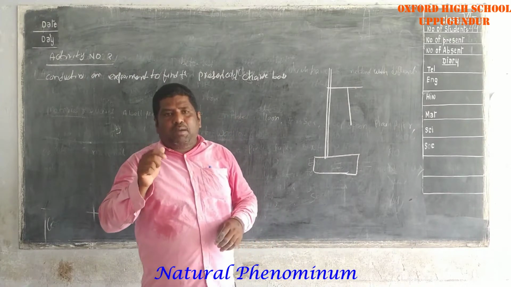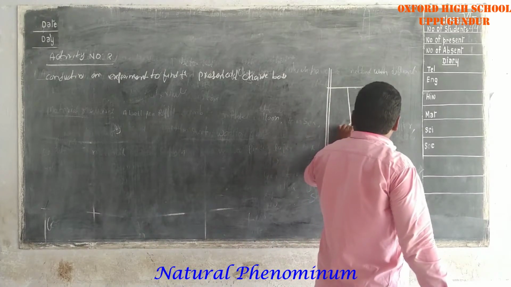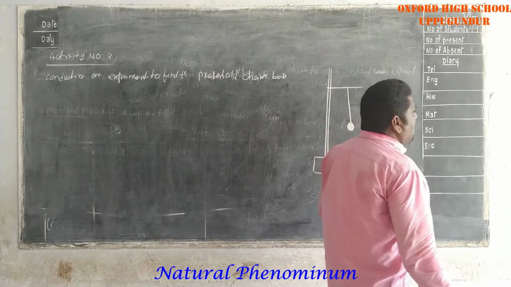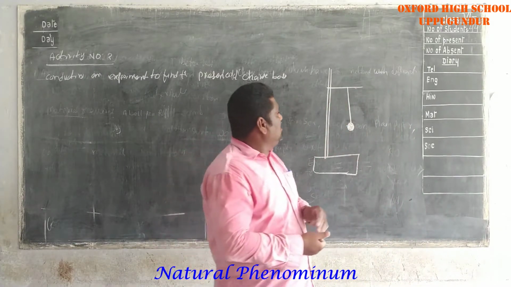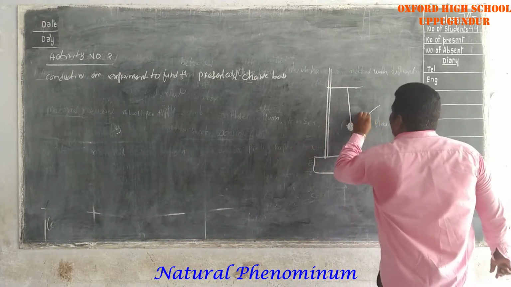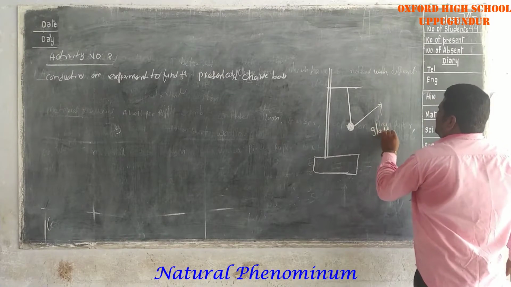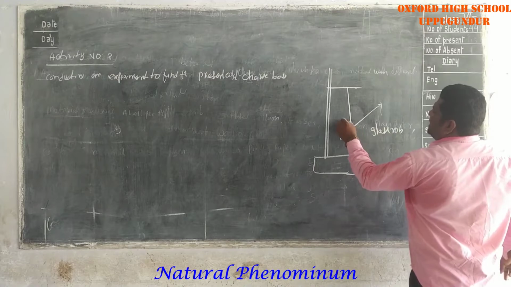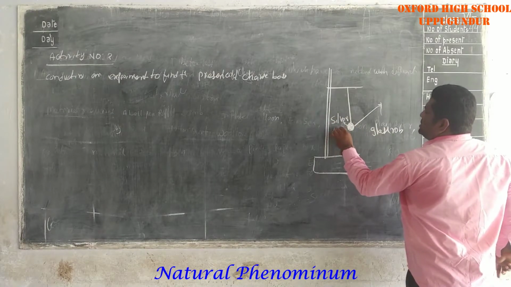This silver foil paper is completely covering the ball. And now I will take one glass rod. It is a ball. It is a silver foil.